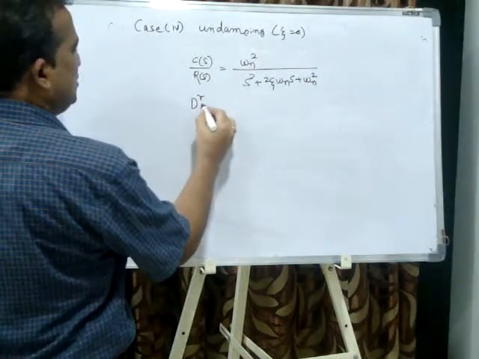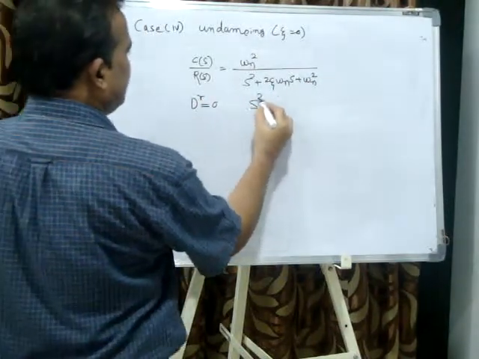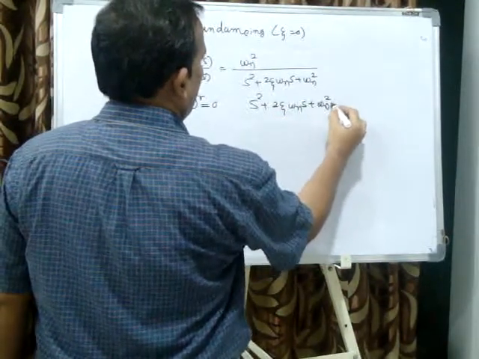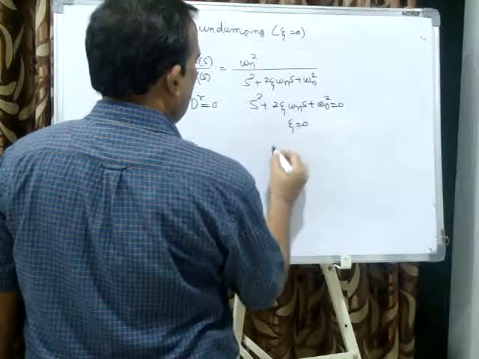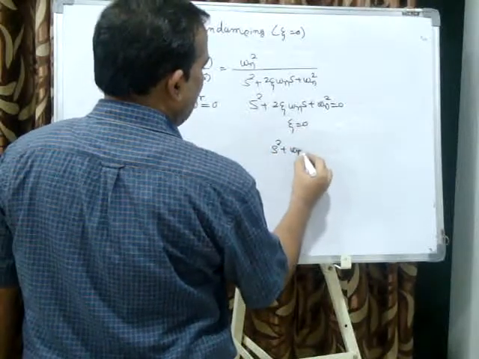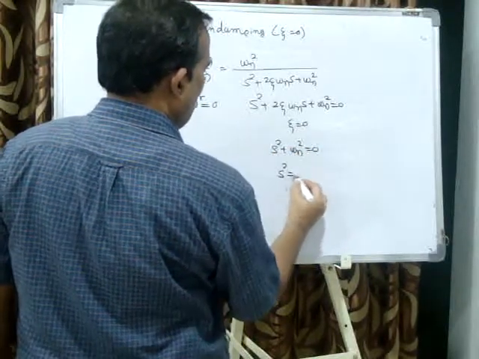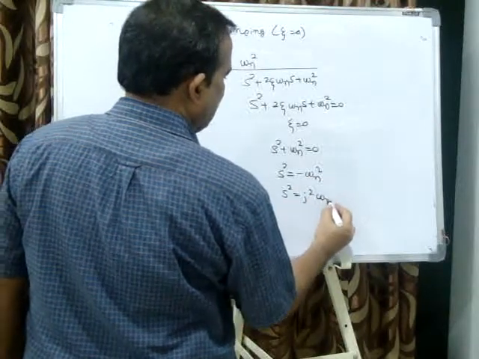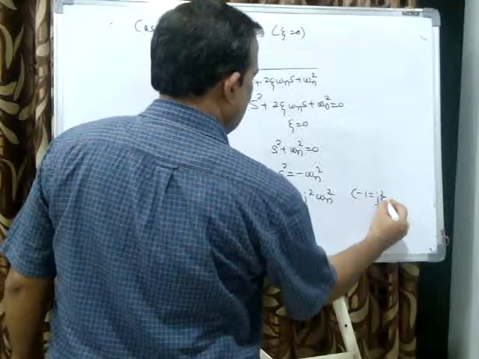When the denominator is equal to 0, and you put zeta equal to 0, s square plus omega n square is equal to 0, so s square is equal to minus omega n square. And what is the minus 1? Minus 1 is equal to j square.